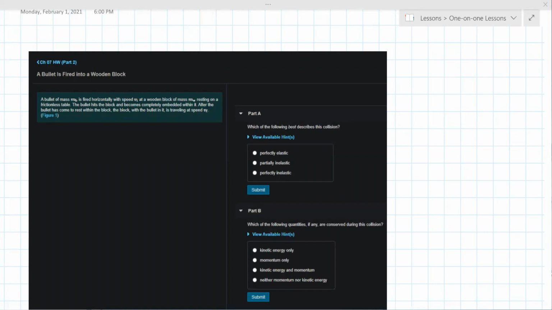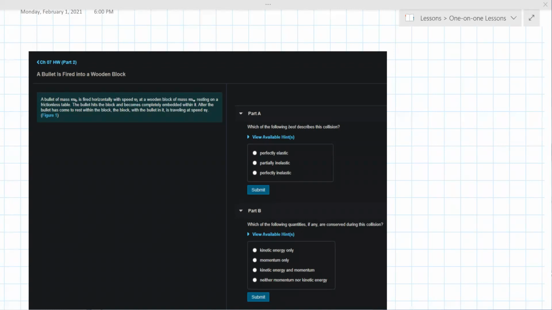Trying to find a decent resource here. Okay, elastic versus inelastic collisions.